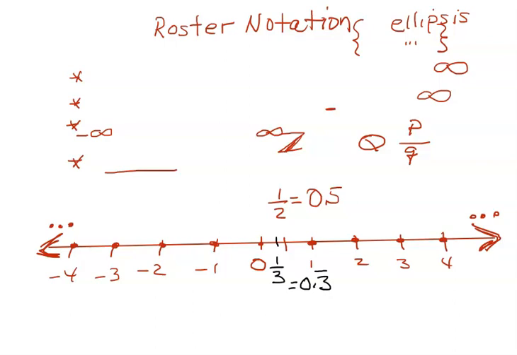Now, going on to our last little set, suppose we are at a number right about there on the number line, which is the square root of 2. Now, the square root of 2 in its decimal form is 1.414, and it just continues without a pattern, and it doesn't terminate.